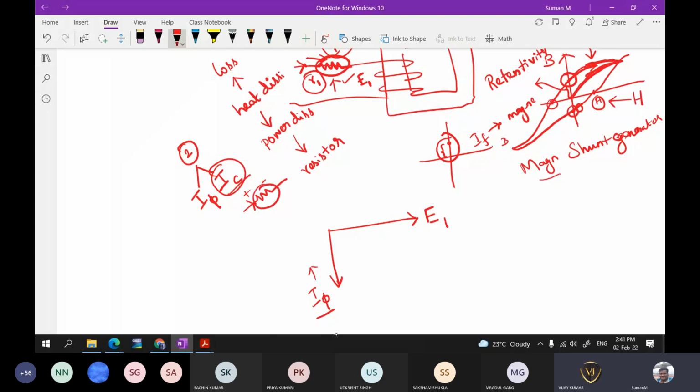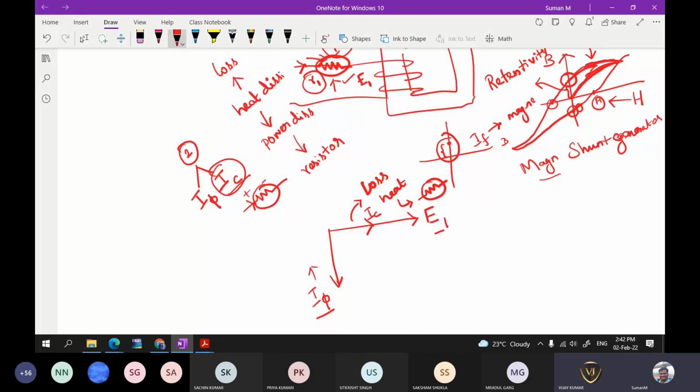That current will be in phase with the voltage, because this is going to be a loss. Mainly it is going to be heat dissipation, which we represent in the resistor. So here the EMF, the voltage and the current will be in phase with each other. There is another current establishing the flux, that is 90 degrees lagging to the EMF.